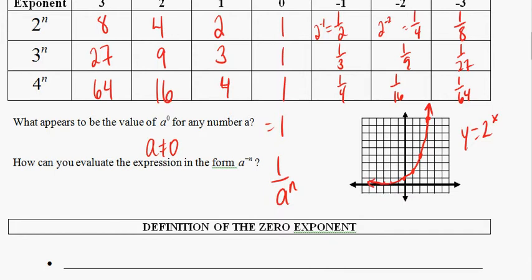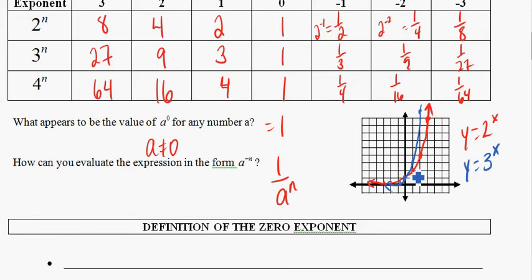The same thing is true if we had y equals 3 to the x. When x is 3, we're way off the chart up at 27. When x is 2, we're even off the chart out here at 9. When x is 1, we're right here, but then it all comes together right here at 1, and then it goes smaller faster. So even y equals 3 to the x goes through 1.